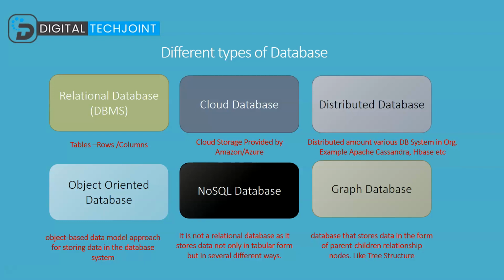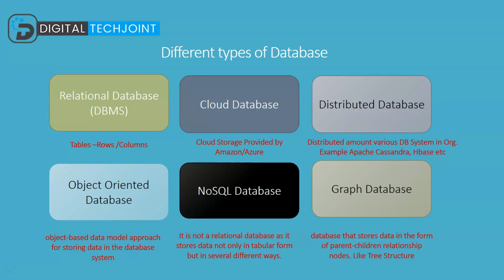Then comes the object-oriented database. This type of database uses an object-based data model approach for storing the data in a database system. These data are presented in an object format similar to that used in object programming languages. Then comes the NoSQL database.